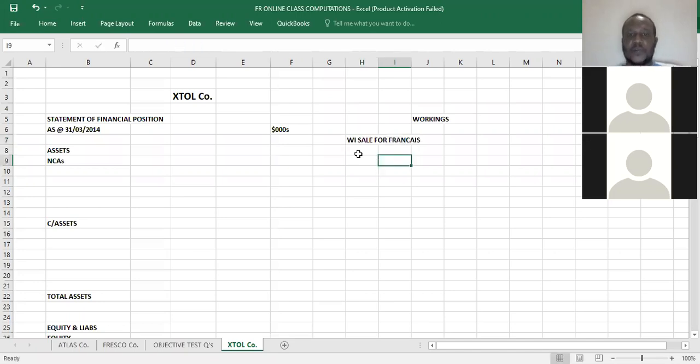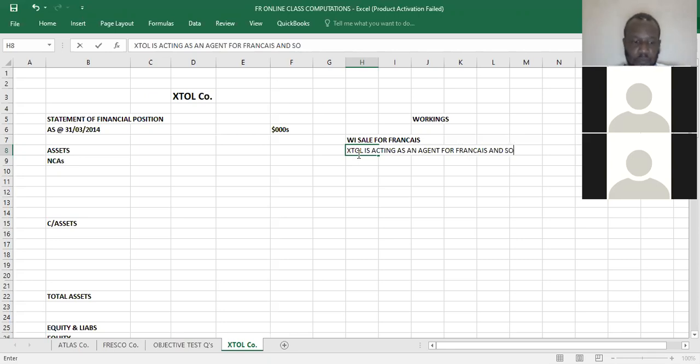And so what we know is that XTOL is acting as an agent for Francis, and so should only recognize the commission earned as income.